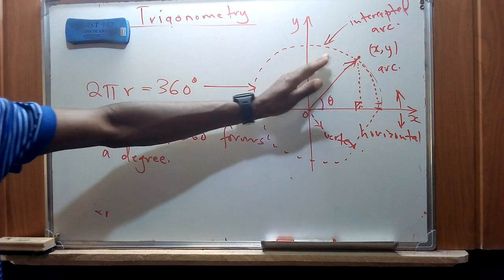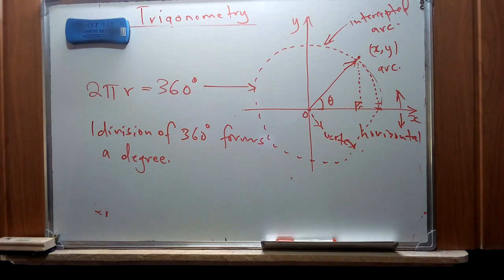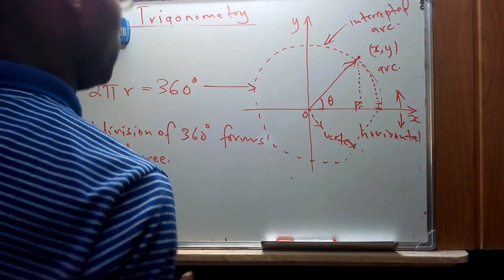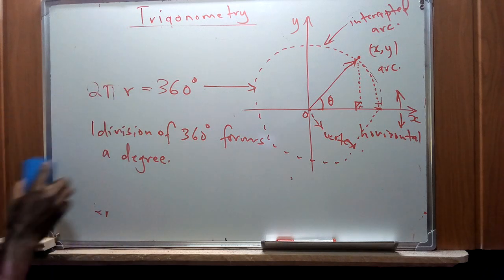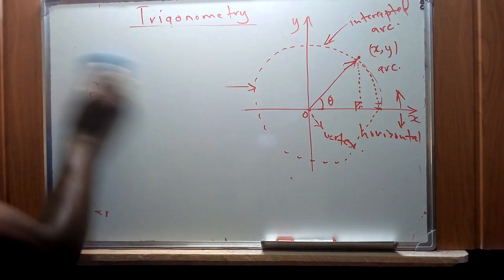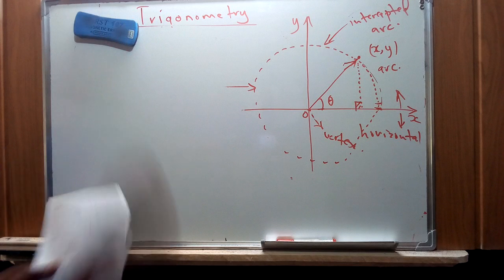So for our case here, theta is our degree measure given in degrees. There are two different ways of measuring this extent. This is the first case. The second one is measured using the concept of radians.